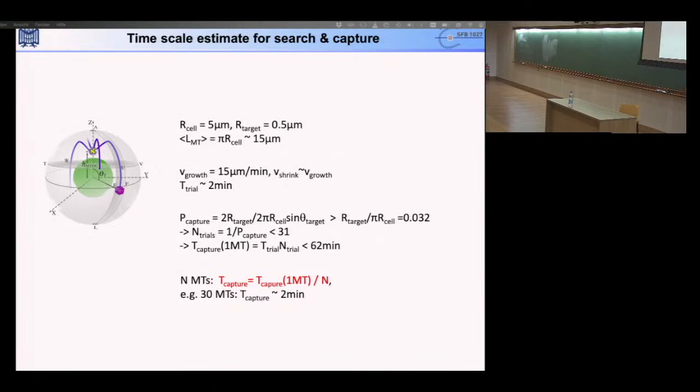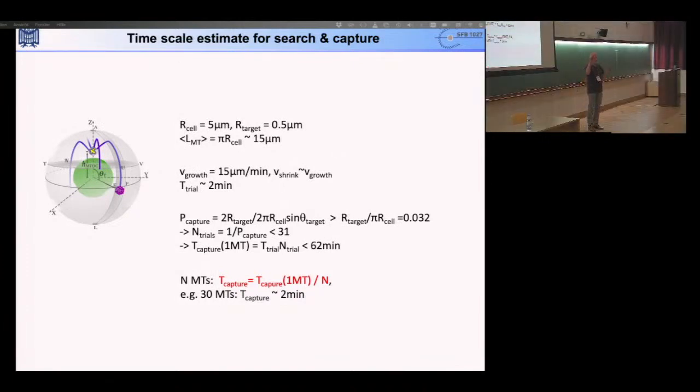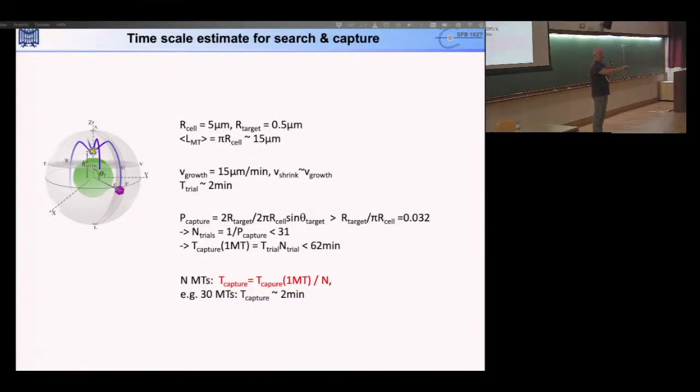When you believe this picture of search and capture, the centrosome nucleates microtubules stochastically, which grow in some random direction within the sphere.